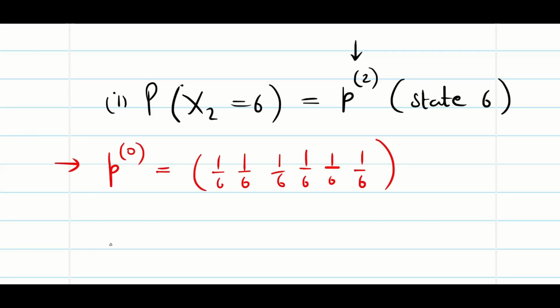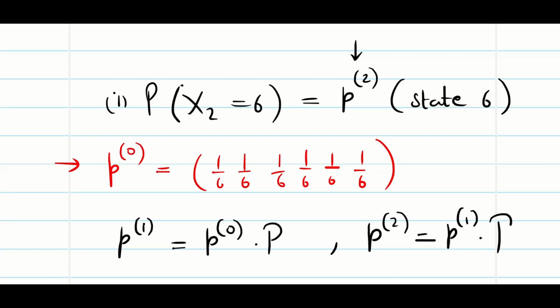Now I want to find P1. P1 is nothing but P0 into capital P. Similarly, P2 is nothing but P1 into capital P. So we have the capital P, that is my transition probability matrix, and we have P0. So we have to construct P1 and finally P2.